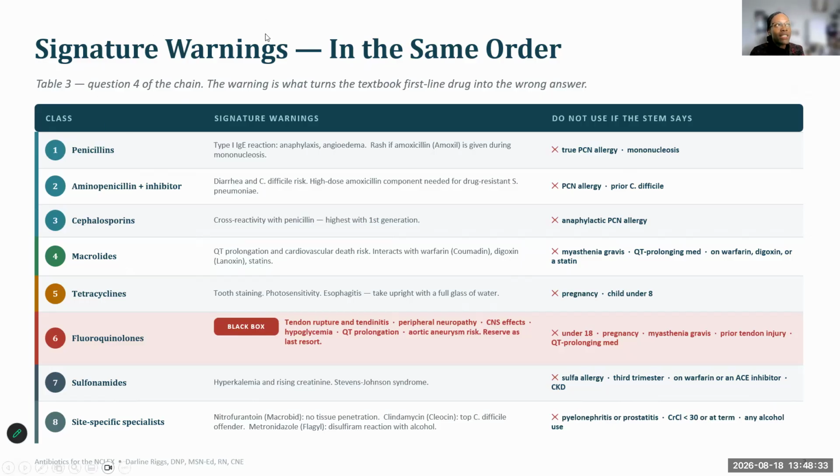So we want to know the type of allergic reaction that they had. Was it a type 1 reaction where they had laryngospasm, the throat closing up, angioedema? If it was a rash, then we can play with the cousins.